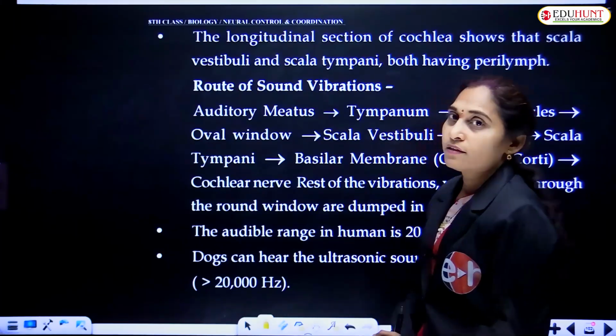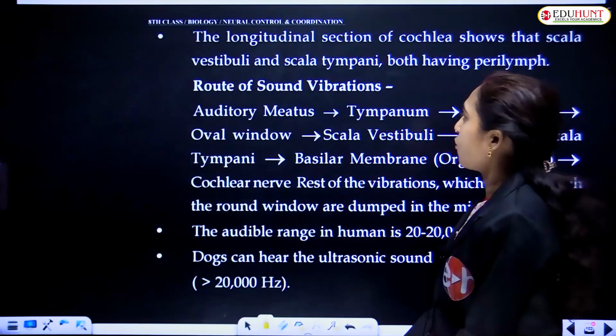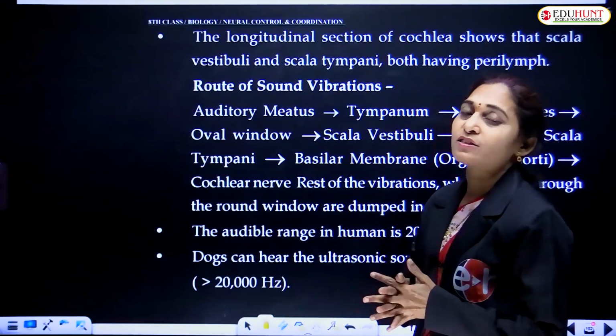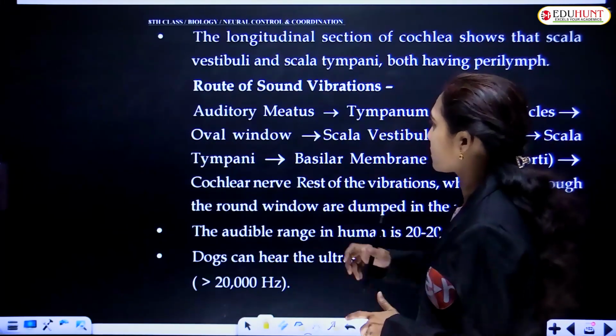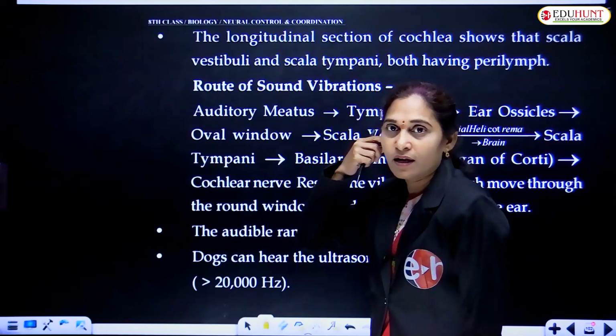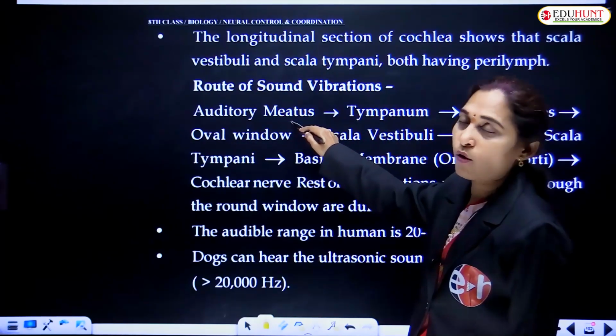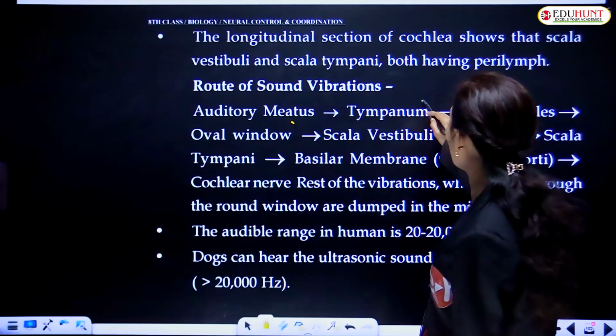Let us see the route of the sound vibrations, how they travel. First, from the pinna they reach the auditory meatus, the external part of the ear, then the tympanum.